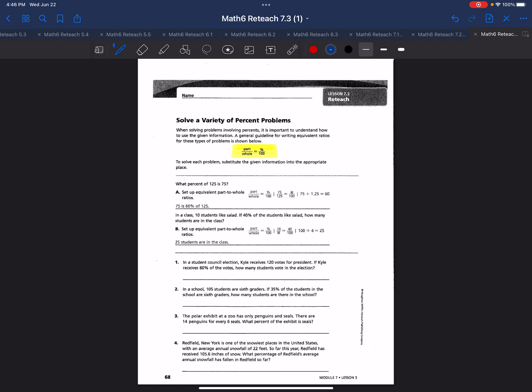So let's set up an equivalent part to whole ratio. What percent of 125 is 75? This strategy is really useful when the percent is unknown.